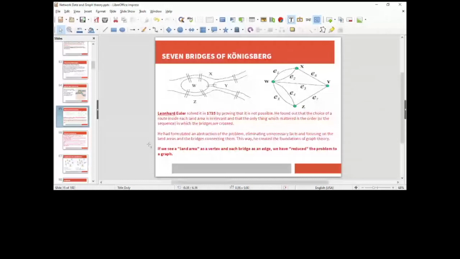Now, I don't know whether you got that. So this is the map, and then this is the graph, the visual graph. Each of the land areas of the city is represented as a vertex, as you can see here. So the vertices are W, X, Y, Z. Then the bridges are these connections.